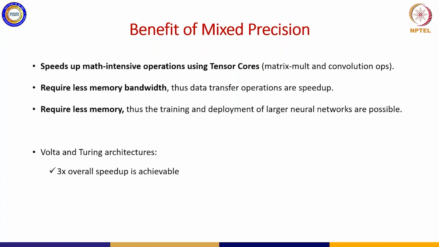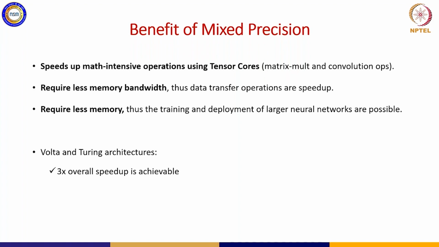When it requires less memory bandwidth, you can transfer more data, so operations can be done in a short time. Then it requires less memory, in the sense that operations are being performed in half precision mode. Because of that, you can train large models very well.